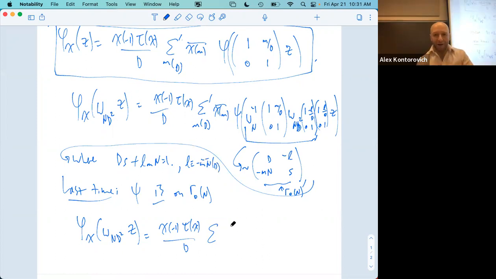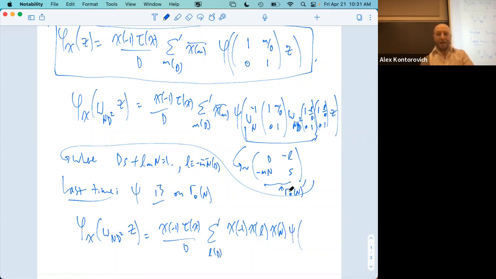So I get out a factor of chi of -1, chi of m bar is chi of L, and then there's a factor of chi of n. And then instead of summing over m mod d, I can sum over L mod d coprime.